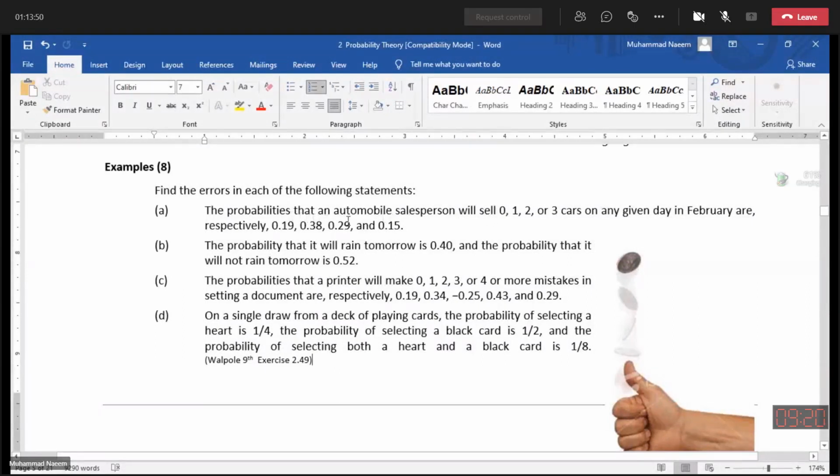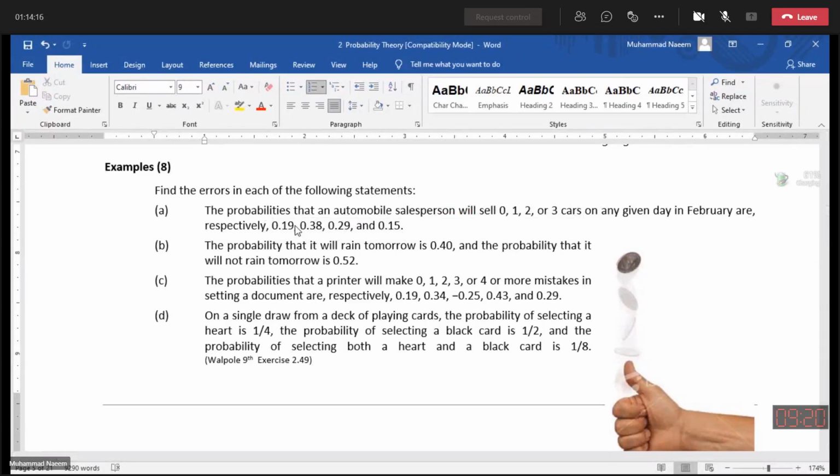In the first example, the probabilities that an automobile salesperson will sell 0, 1, 2, 3 or more cars on any given day in February are respectively these chances. The chance to sell 0 cars is 0.19.